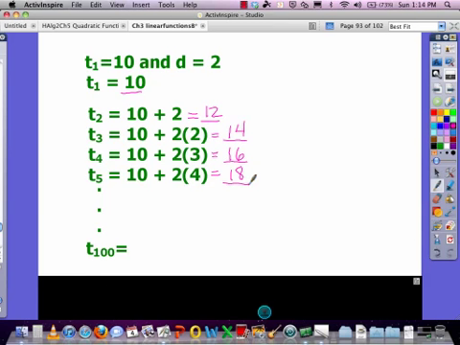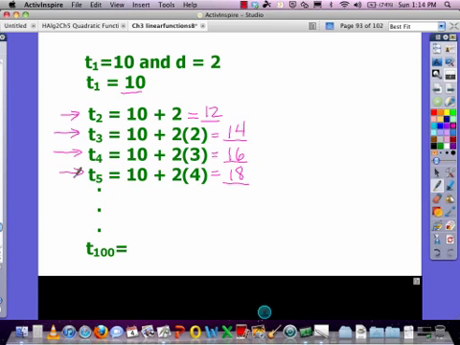The way that I have it written, other than just looking at the final values of 12, 14, 16, 18, compare it back over to these key pieces, which are your terms. They're sort of counting for you, so that we should be able to write that T sub 100 statement right now based on this pattern. Anybody notice it?